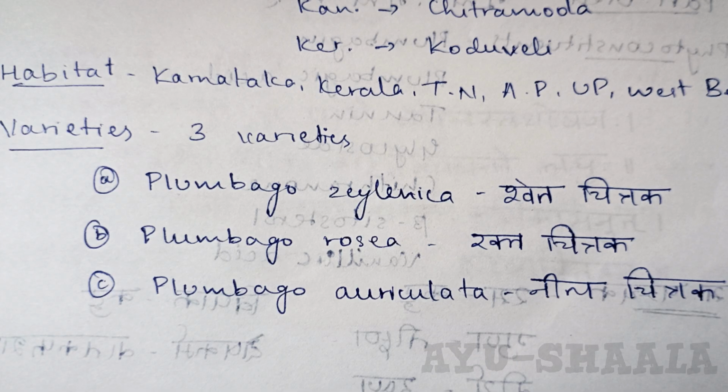Rakta Chitraka is Plumbago rosea. Next Neela Chitraka, Plumbago auriculata. Normally we won't consider Neela Chitraka; only Shweta Chitraka and Rakta Chitraka are in use. But for exam purposes, you can remember three varieties and write Plumbago zeylanica, Plumbago rosea and Plumbago auriculata.